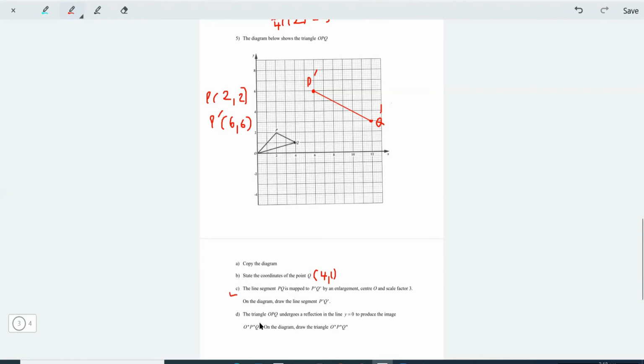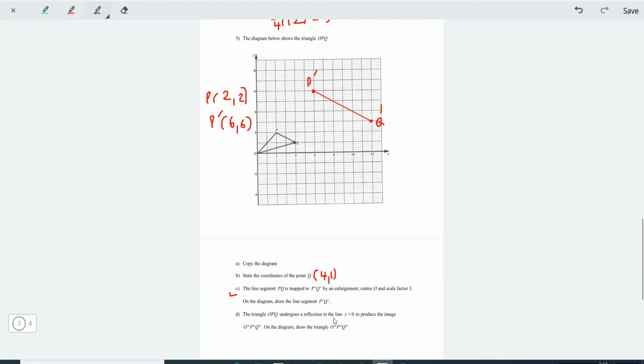Nice. It says triangle OPQ undergoes a reflection in the line y equals 0 to produce O double prime, P double prime, Q double prime. It says draw the reflection O double prime, P double prime, Q double prime.